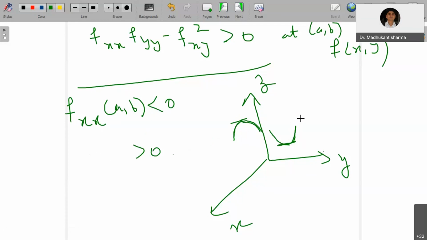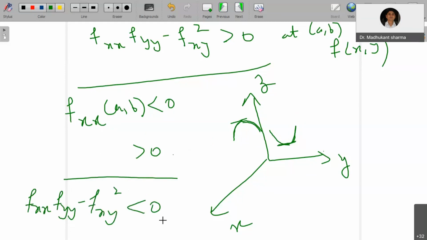Right? Okay, so this is what is happening here. Whenever you have this quantity, fxx into fyy minus fxy square, less than 0, then you can't decide from the point. You may have this along the curve, and along this one.